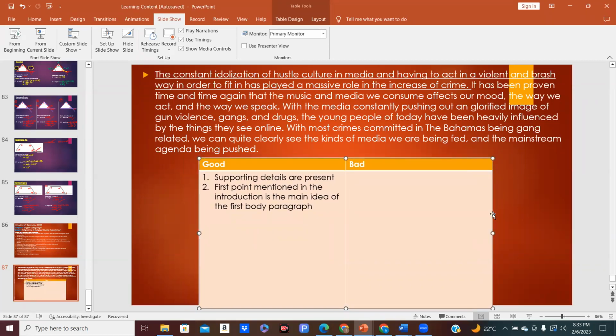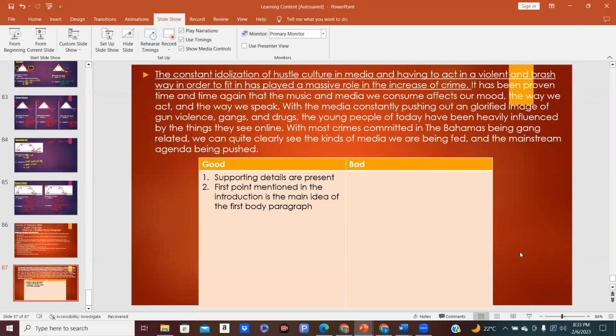So the topic sentence is a sentence that tells me what my body paragraph is going to be about. It explains in a nutshell what I am going to be discussing. And it's typically the first sentence you write in the body paragraph.